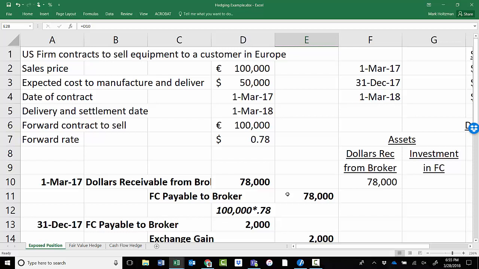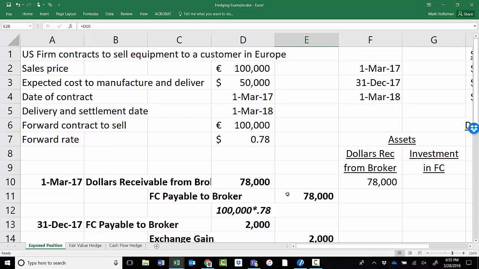So they want to lock in the amount of money they're going to make, and therefore they enter into a forward contract to sell 100,000 euros at a rate of 78 cents. So they're going to sell the goods, get 100,000 euros, trade in that 100,000 euros for 78,000 US dollars. And now they know how much money they're going to receive.